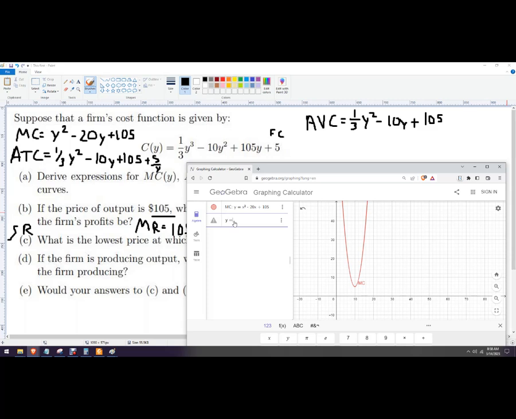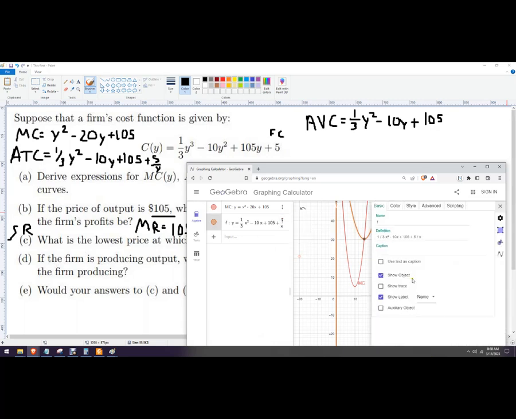All right, average total cost. So this is going to be y equals 1/3 x squared, substituting y for x because it wants to recognize that, minus 10x plus 105 plus 5 over x. Okay, and let's change settings.